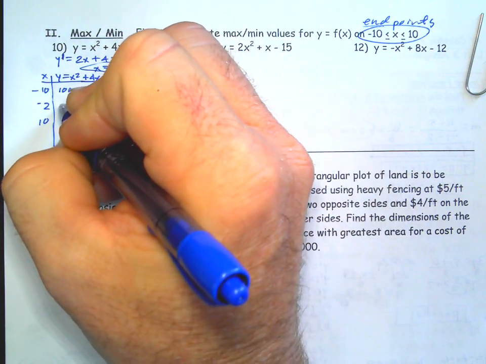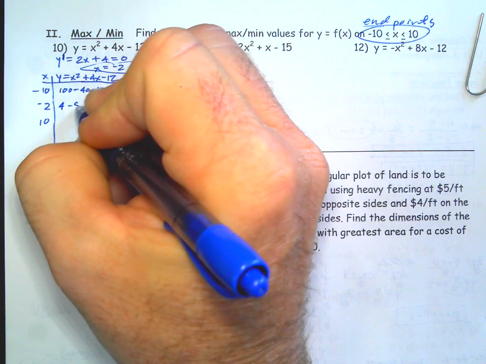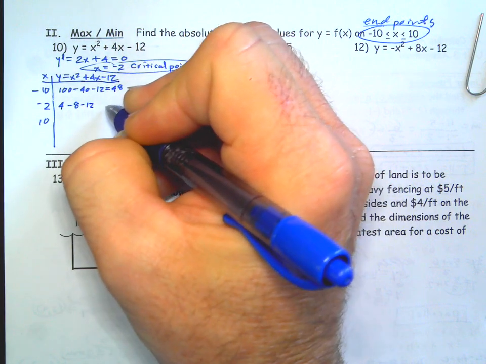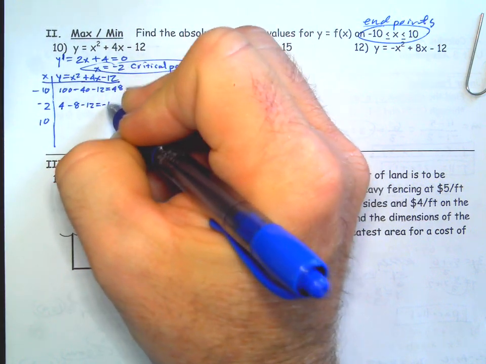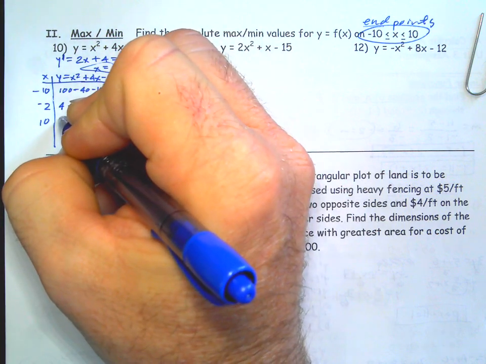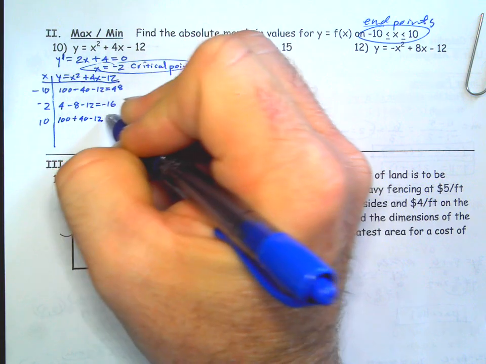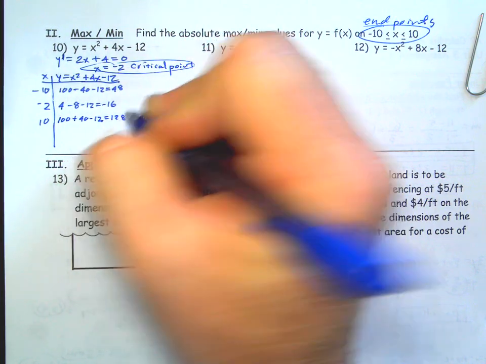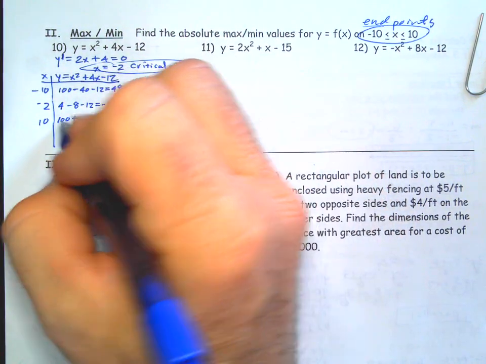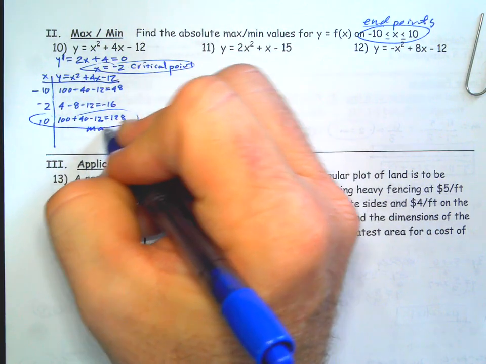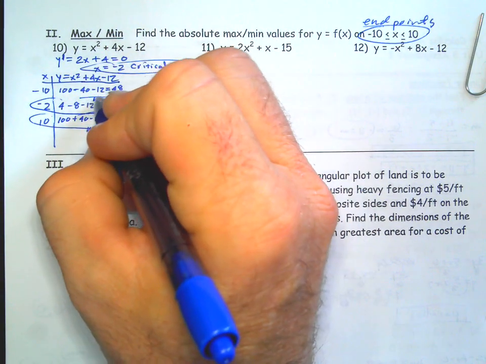Plug -2 in, you get plus 4 minus 8 minus 12 is -16. And you plug 10 in, you get 100 plus 40 minus 12 is 128. So there's the max, there's the min.